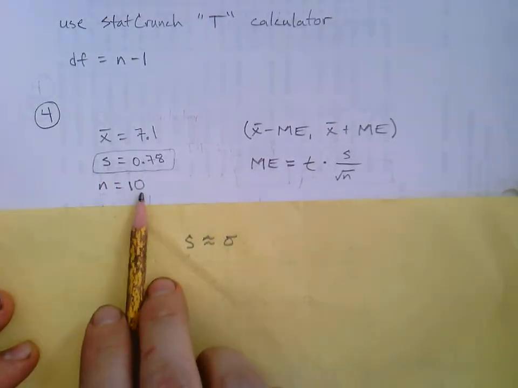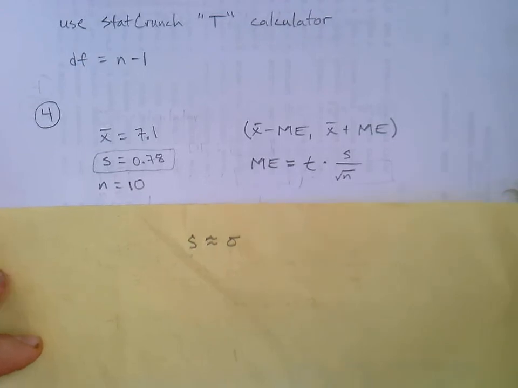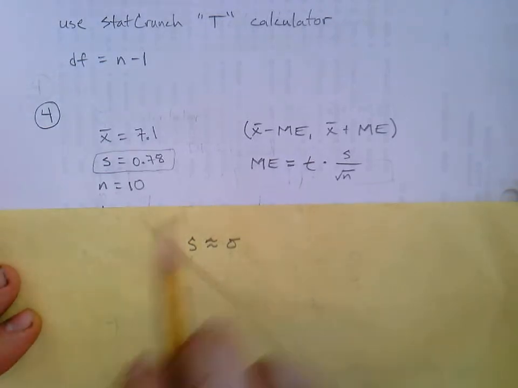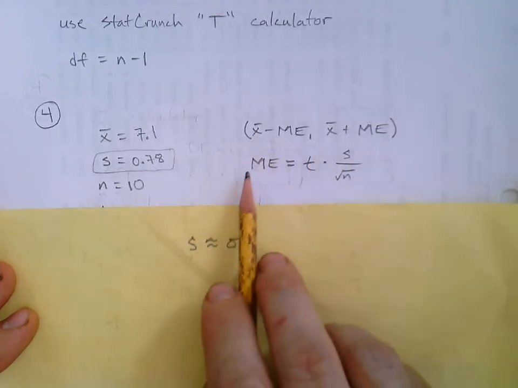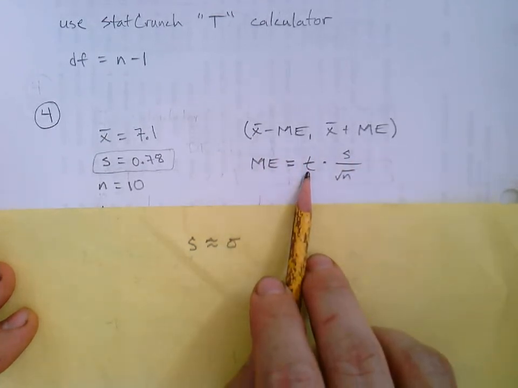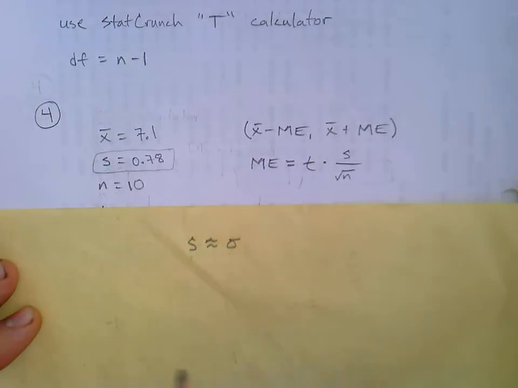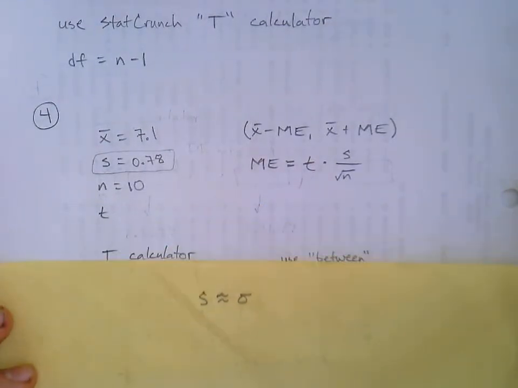And we know our sample size is 10, n equals 10. The way we're going to go about finding this confidence interval is very similar to what we've been doing. It's x bar minus margin of error, x bar plus margin of error, but now for the margin of error, we use the t and the s over the square root of n. Okay, let's go for it.